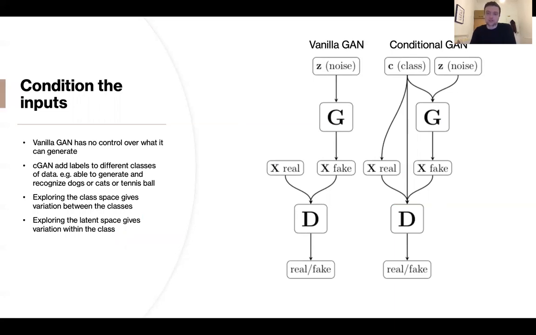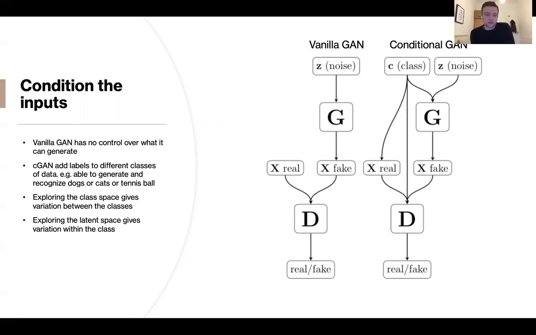So you can actually tell the generator, I want you to generate a 3, and it would generate a 3. So what we have for this conditional GAN is 2 inputs. We have still the same Z random vector, and also a class vector, which denotes the class.